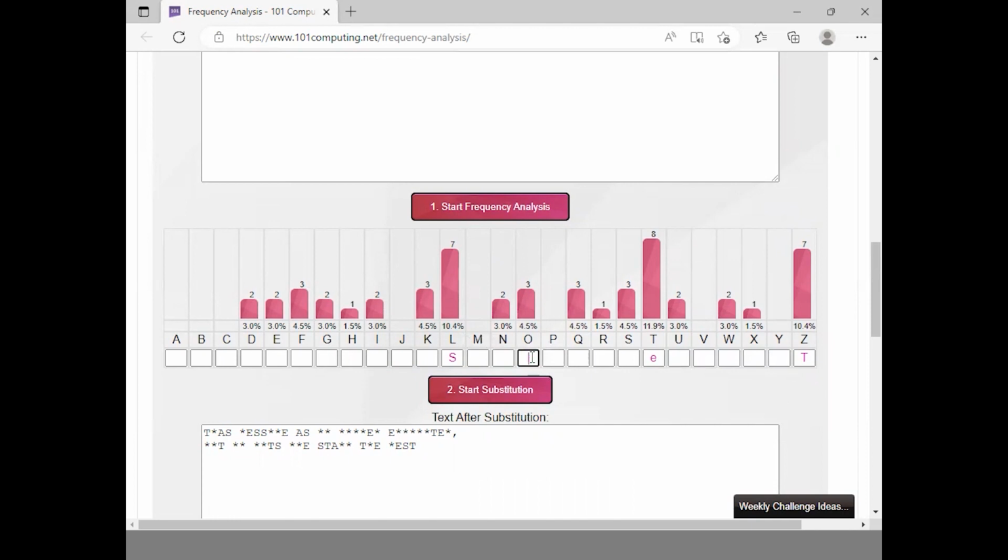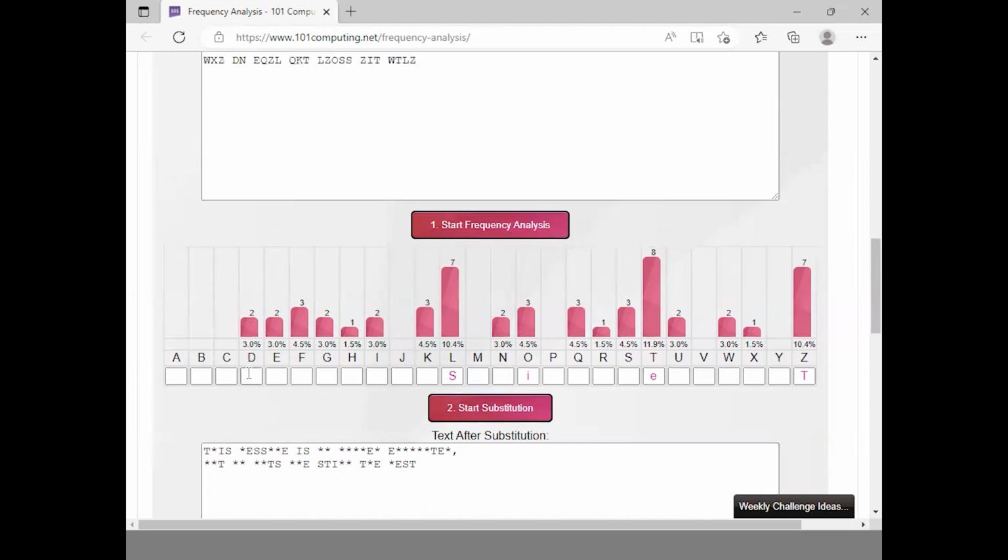Additionally, we should map it instead to I, because U is pretty uncommon, so we can feel fairly confident that it's one of those. Now we've got the word is there. Now that we've done that, we end up with this right here. And as you've probably noticed, the obvious solution there is that that maps to the word this.